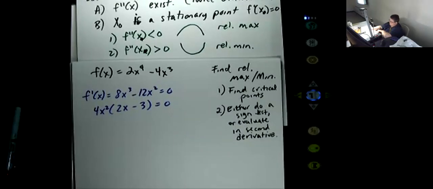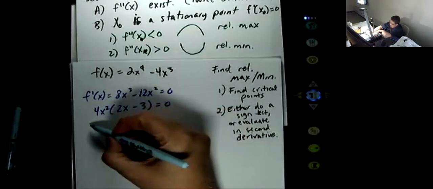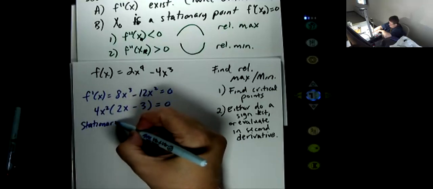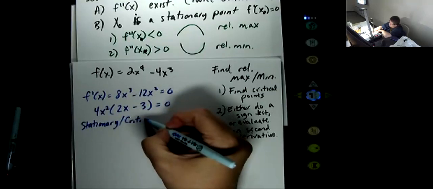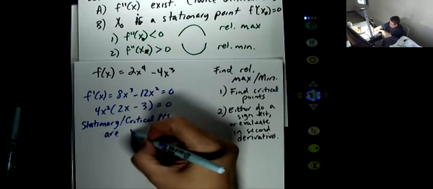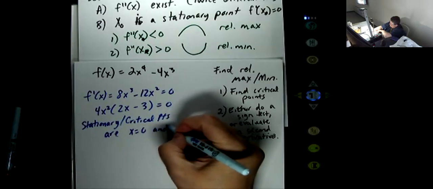Which means my critical points, stationary points, are x equals 0 and x equals 3/2.